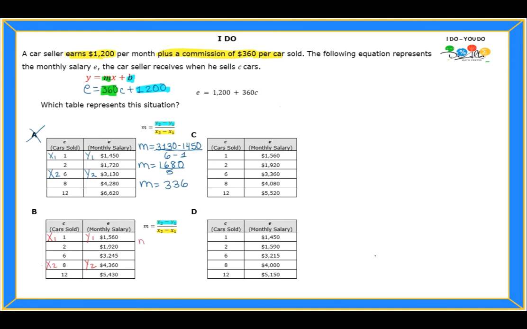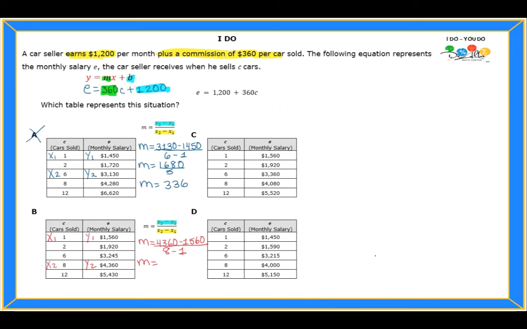Okay, so let's work it out. Y of 2 is 4,360 minus 1,560. All of that over 8 minus 1. I'm just replacing the labels, guys, with the labels that are given to me. So please make sure that you follow those numbers here.